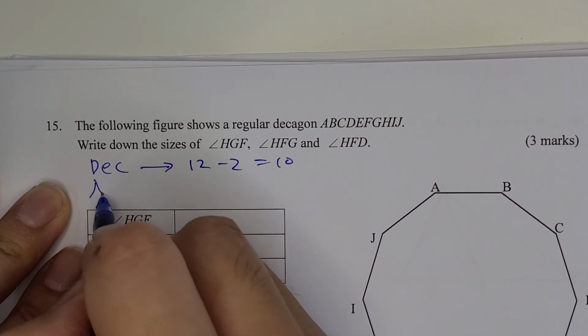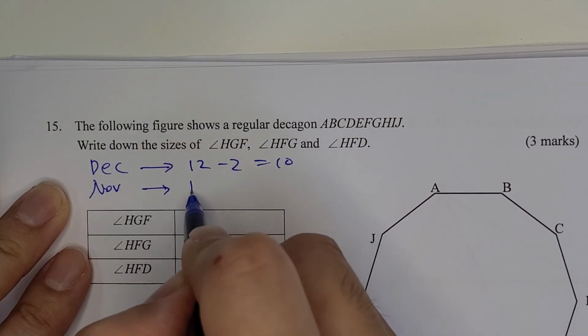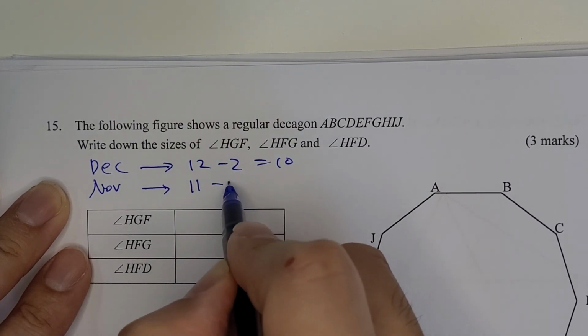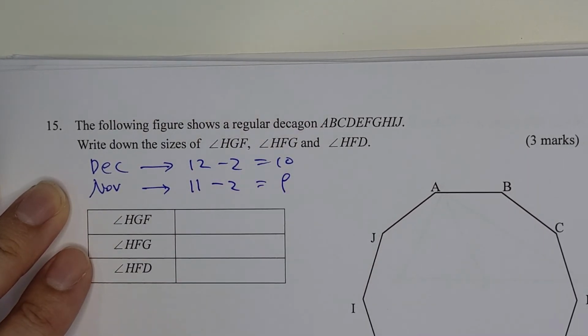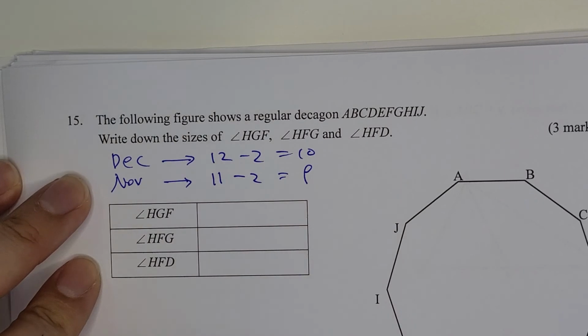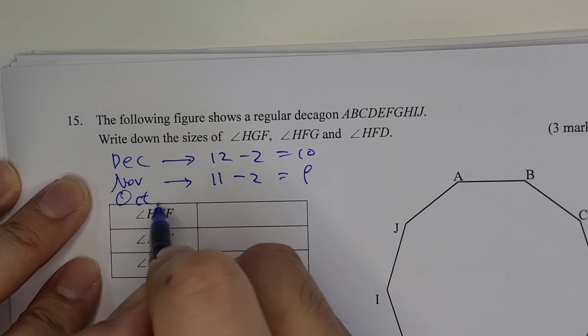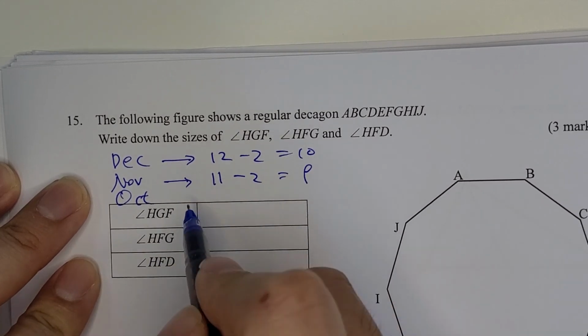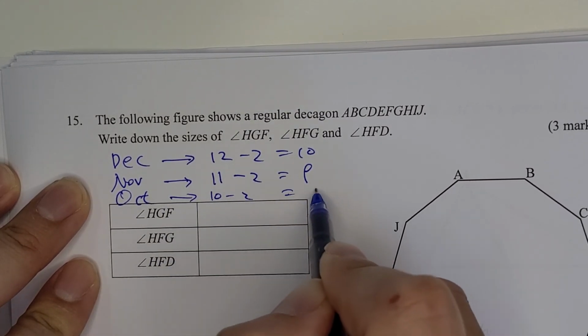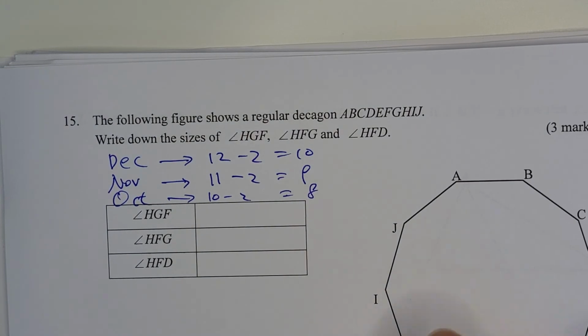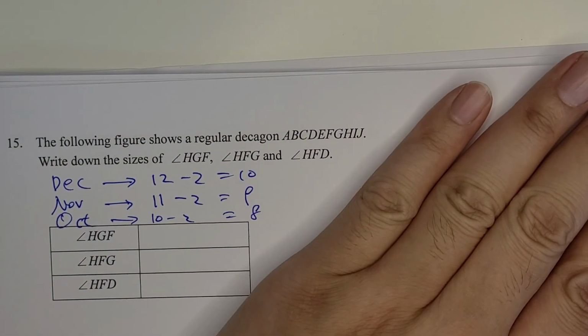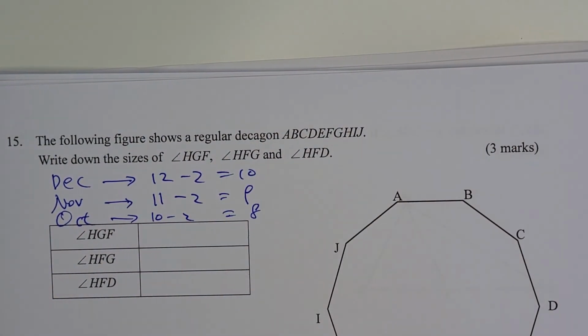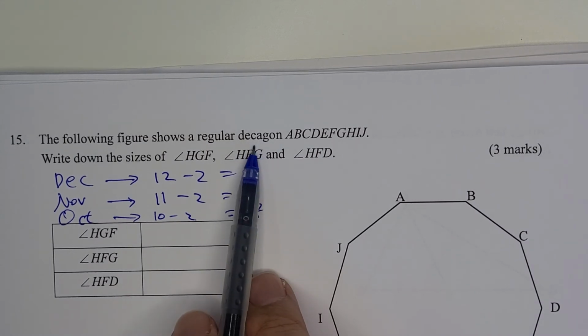For example, November, nonagon. Then you may think of November, right? 11, but you minus it by 2. That's a 9 side polygon. How about octagon? OCT starts with October, so you may think of 10, but 10 minus 2, that is an 8 side polygon. So here there's a 10 side polygon. In exam, they may not give you the figure, so you should know the meaning of this word. It's a 10 side polygon.